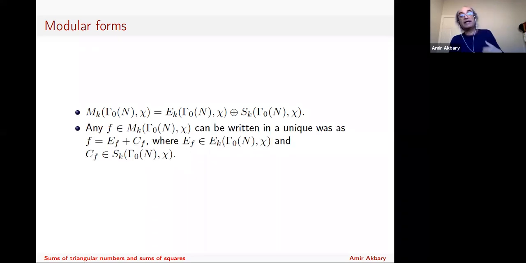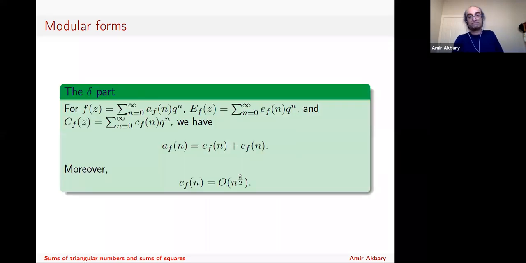So therefore, any modular form of weight k, level n and character chi has a unique decomposition into an Eisenstein component, Ef, and a cusp component, Cf, where Ef is in the Eisenstein space and Cf is in the cusp space. Okay, so now we can say what the delta part is.